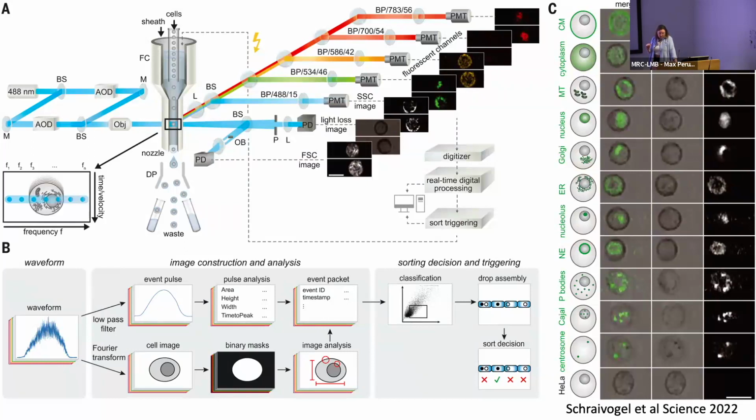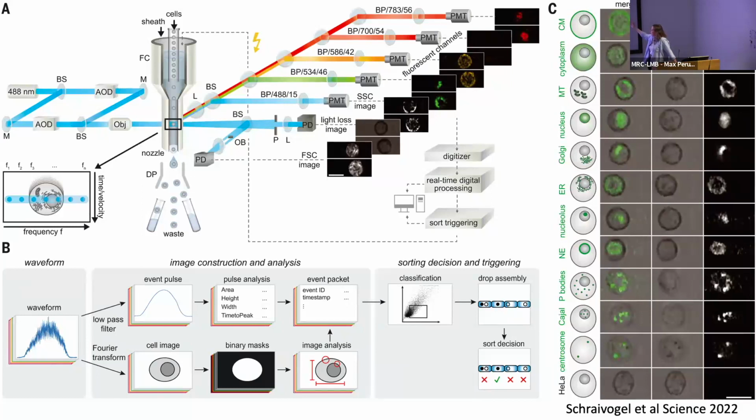Then a second acousto-optic deflector tunes the optical frequency of the reference beam, which is then overlapped with the array of beamlets. The overlapping beams intersect at a flow cell of a traditional cuvette sorter. And then for proof of concept, they sorted and stained for the nucleus, the Golgi.